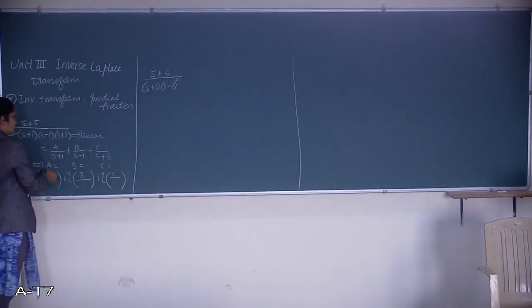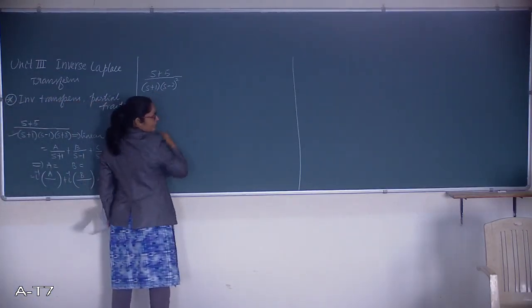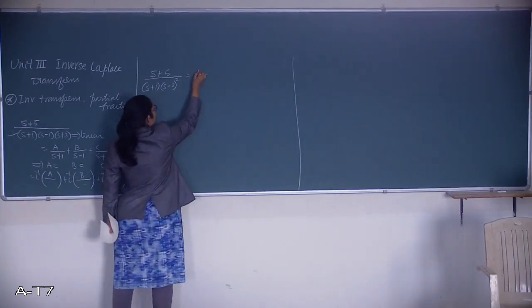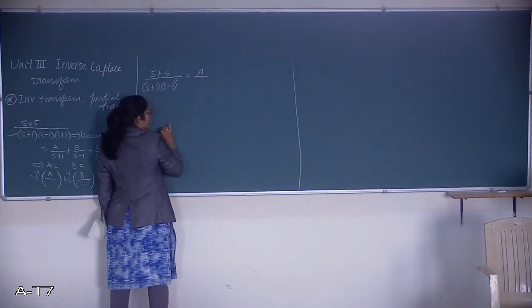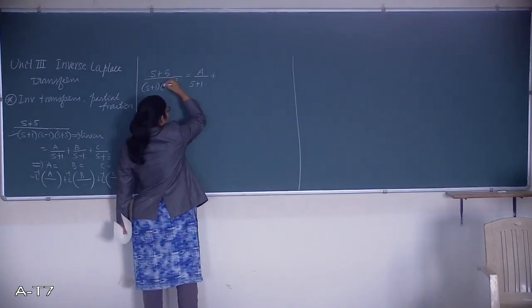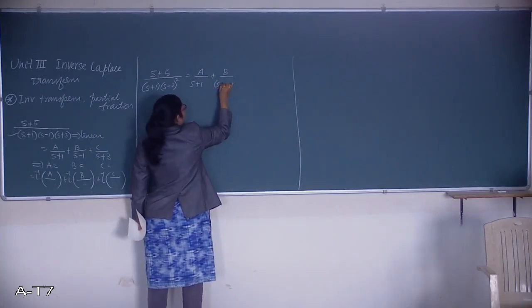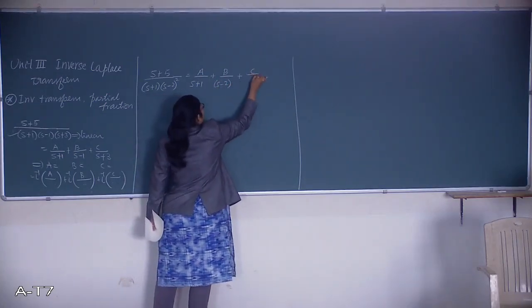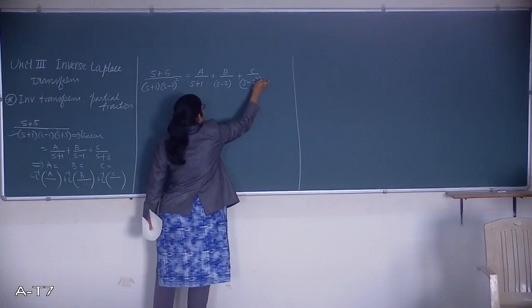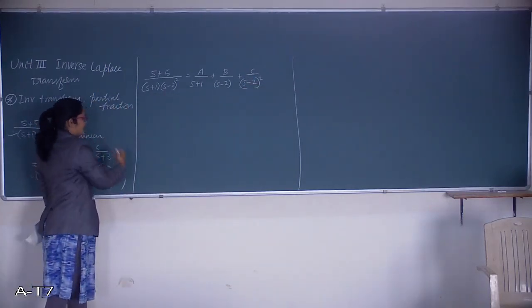The difference is, in the first type all three brackets are different and linear, whereas here there is a repeated bracket squared. This is type 2, and after that the solution is the same.